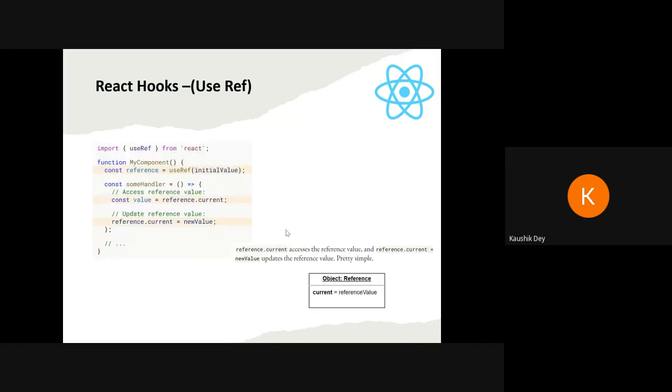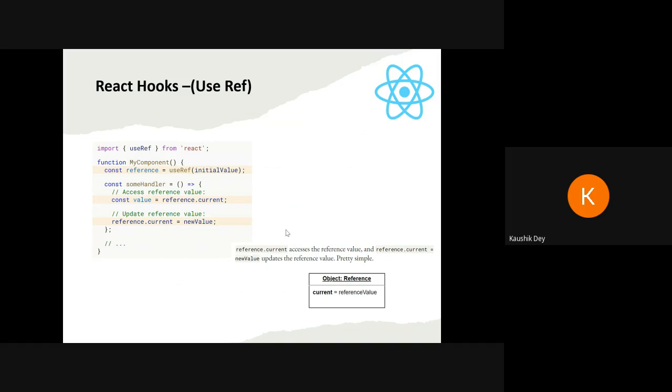Same thing, you can see this is the structure. Reference useRef. By default you have to set one reference inside the useRef and add some initial value over there, and then current. Current means the current object, the reference value. Reference.current means you take one variable reference and useRef, adding some value over there, initialize any value inside the useRef.